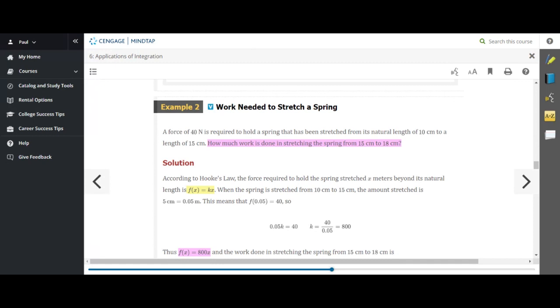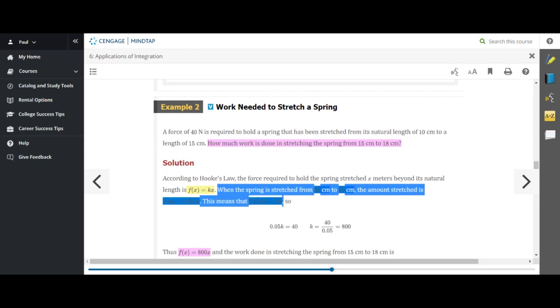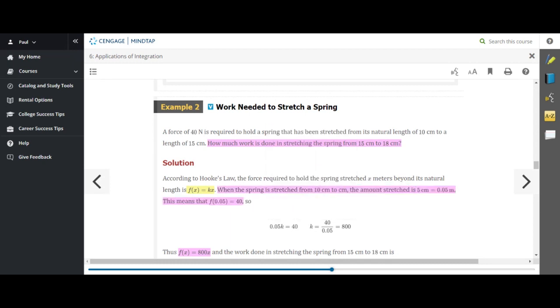According to Hooke's law, the force required to hold the spring stretched x meters beyond its natural length is equal to K times x. When the spring is stretched from 10 centimeters to 15 centimeters, the amount stretched is equal to 5 centimeters.